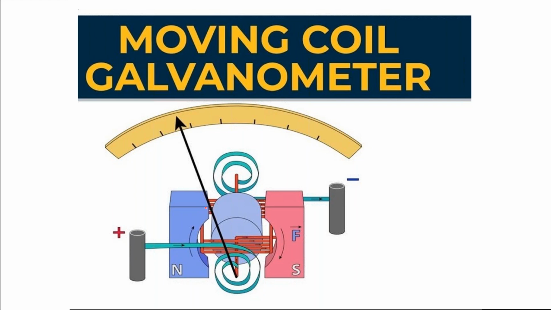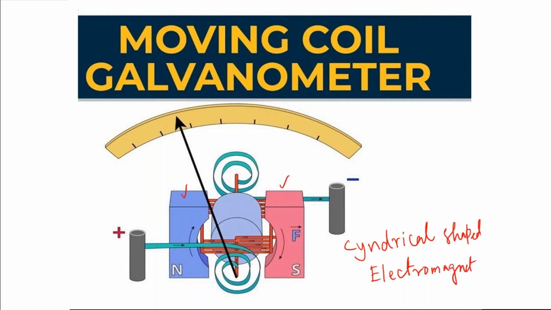Here you can see many coils, and these coils are kept inside a uniform magnetic field. These are called cylindrical shaped electromagnets. What does an electromagnet do?